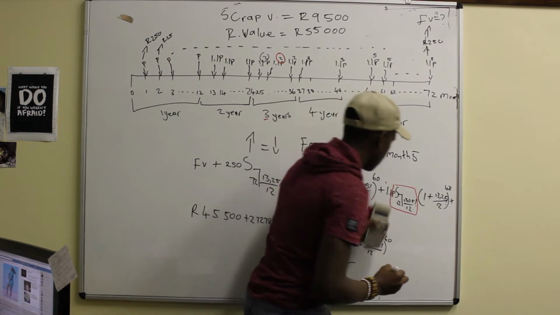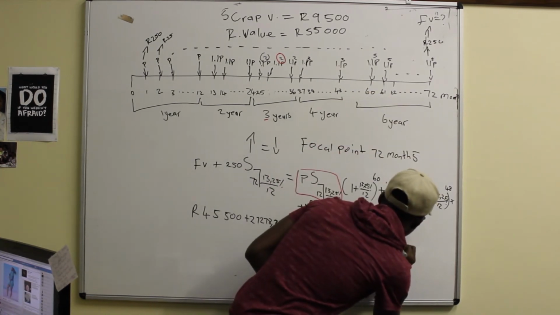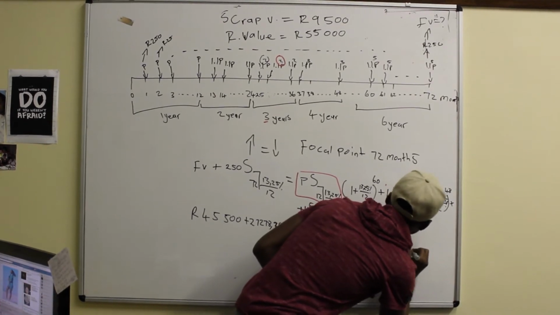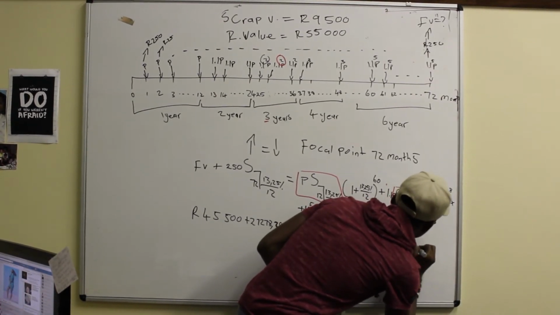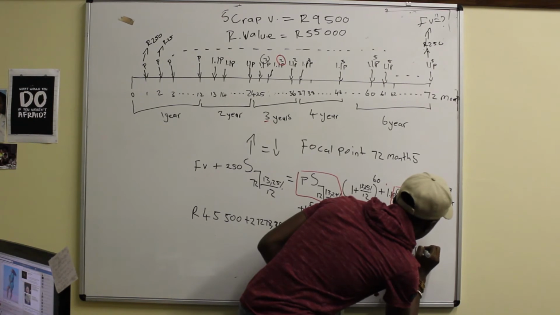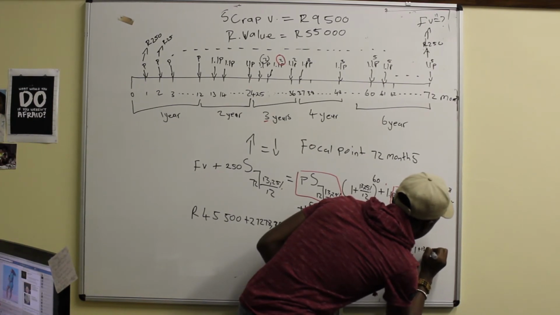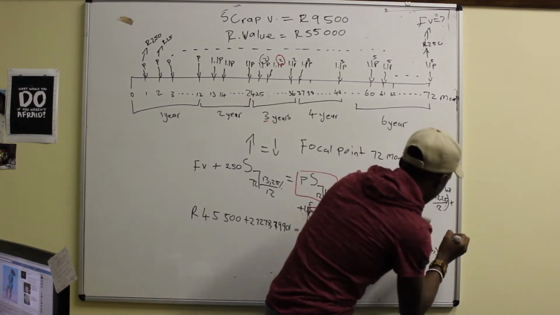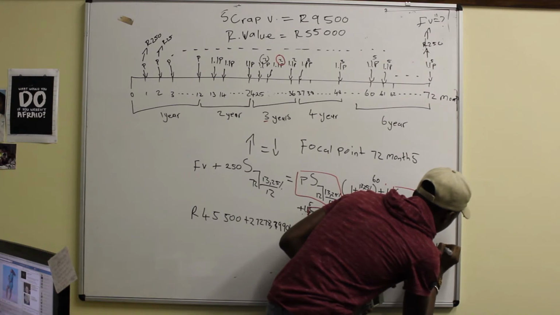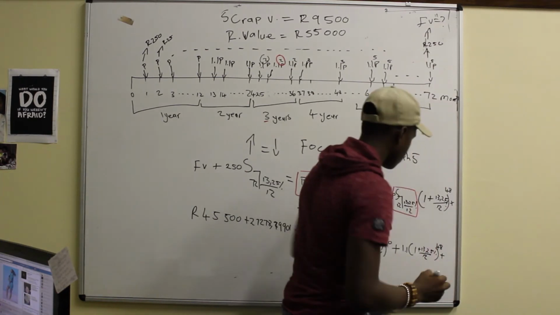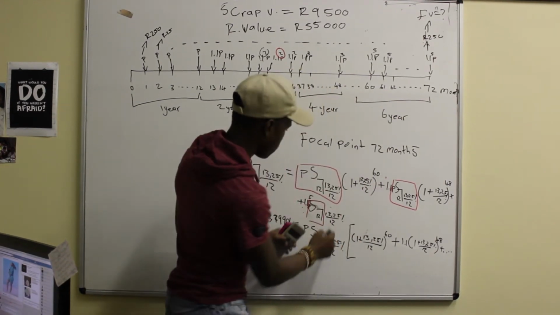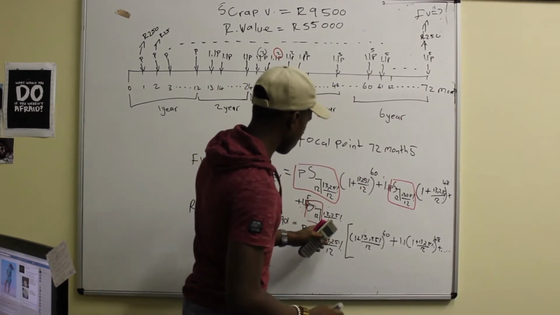And then here I'm left with 1.1 bracket 1 plus 18.25% divided by 12 to the power 48 plus dot dot dot, and then here what am I left with?